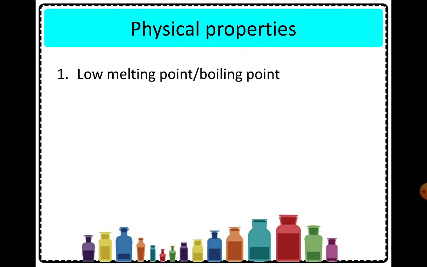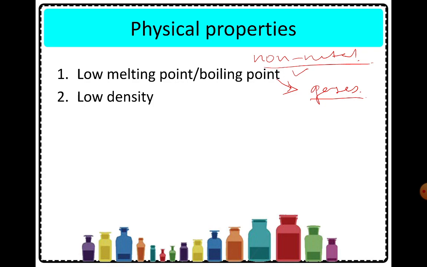Okay, physical properties: low melting point and boiling point. Why? Because it is a non-metal and it exists as a gas at room temperature. So its melting point and boiling point are very low. Low density, everything is low because it is a non-metal. It is a colorless gas.